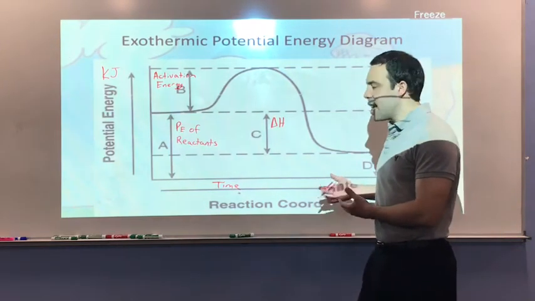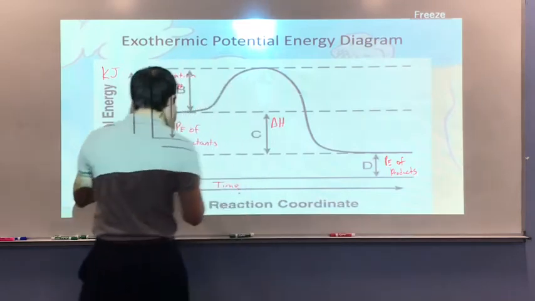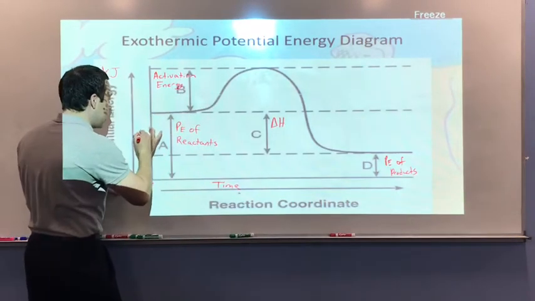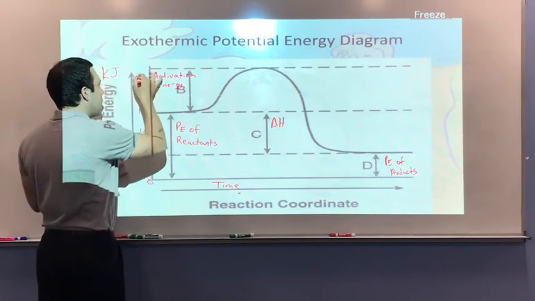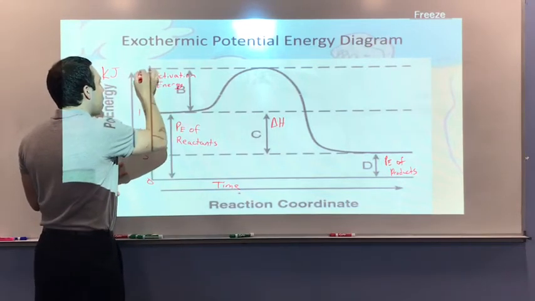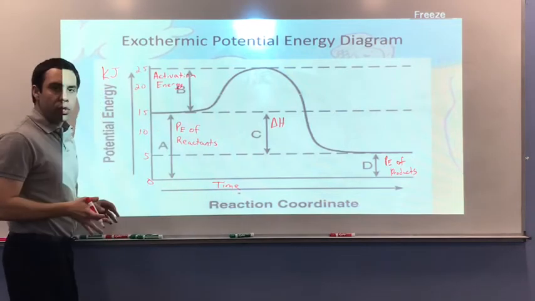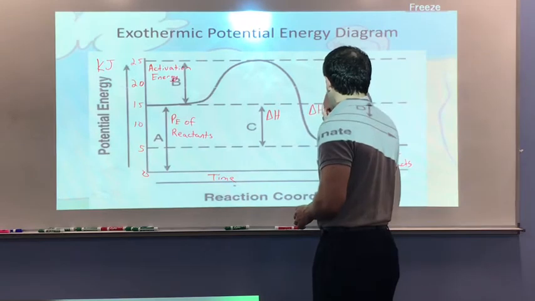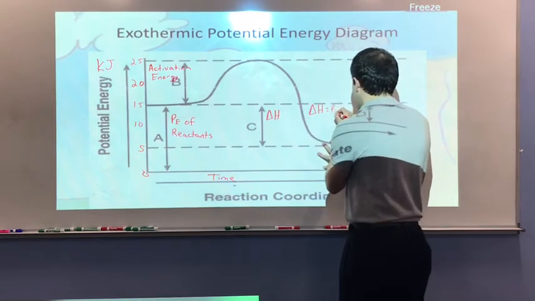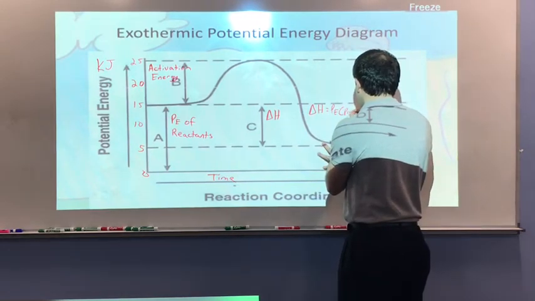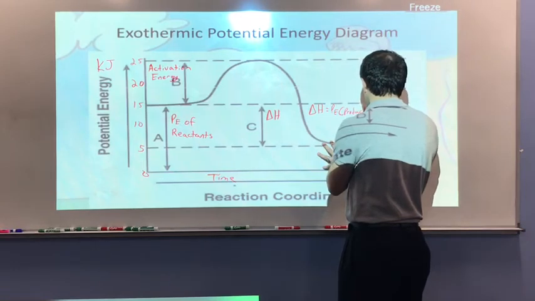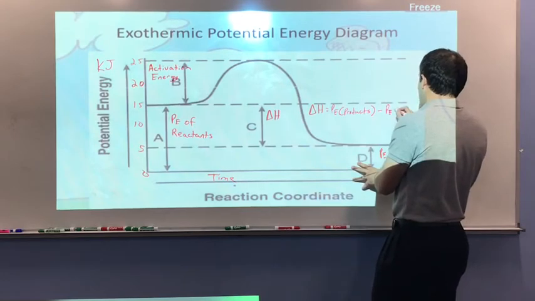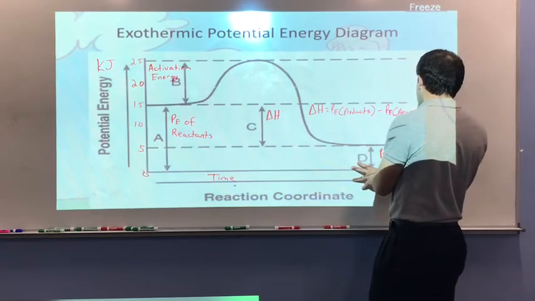So if I was just to give this graph, this y-axis, random numbers, 0, 5, 10, 15, 20, 25, remember all in kilojoules. So we have delta H equals the potential energy of the products minus the potential energy of the reactants.